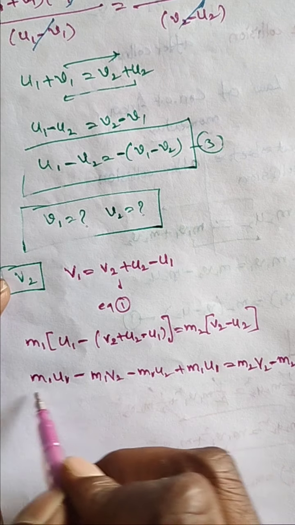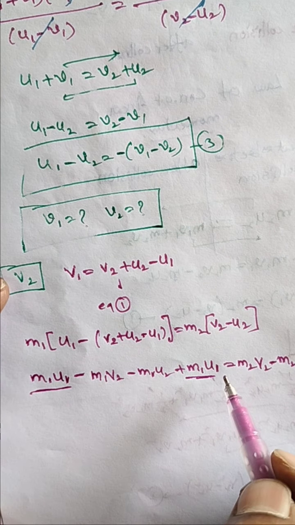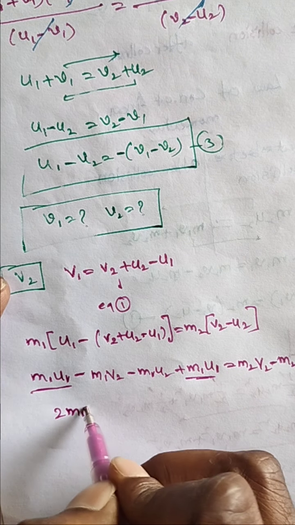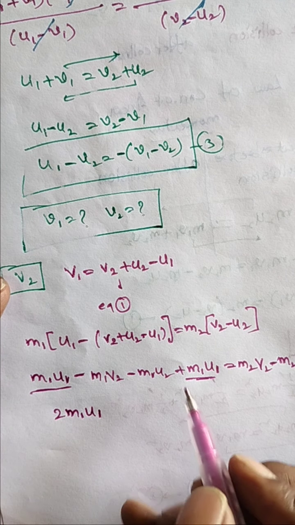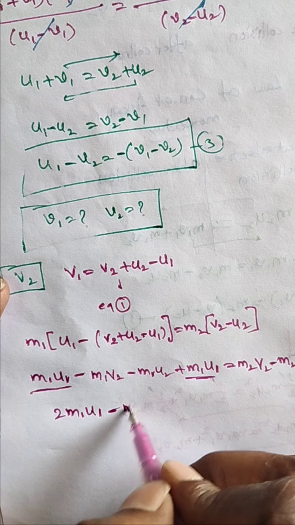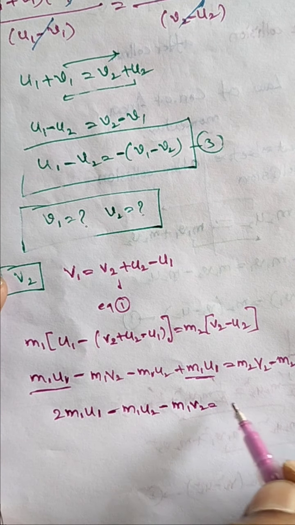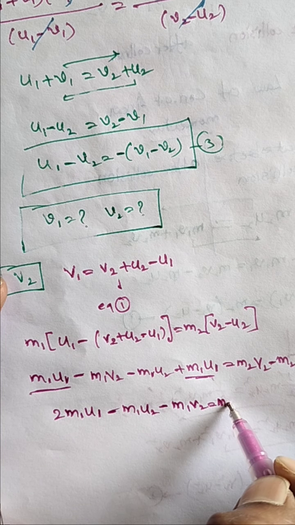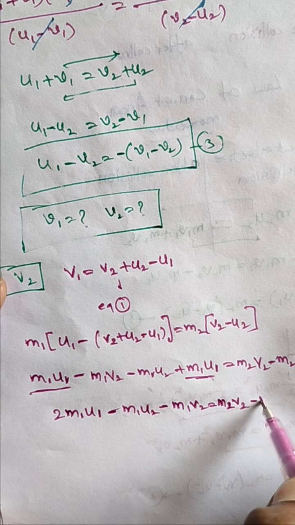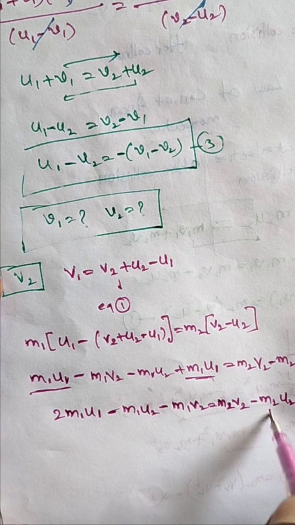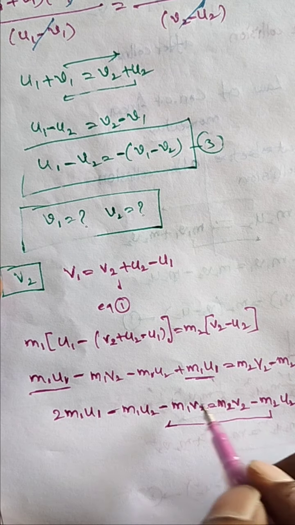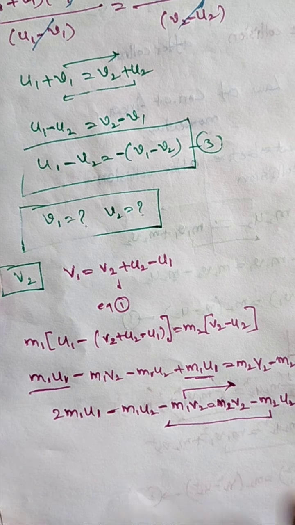So here m1u1 and m1u1, 2m1u1, minus m1u2 minus m1v1 is equal to m2v2 minus m2u2. Now this m2u2 is going to here and m1v1 is going to here.